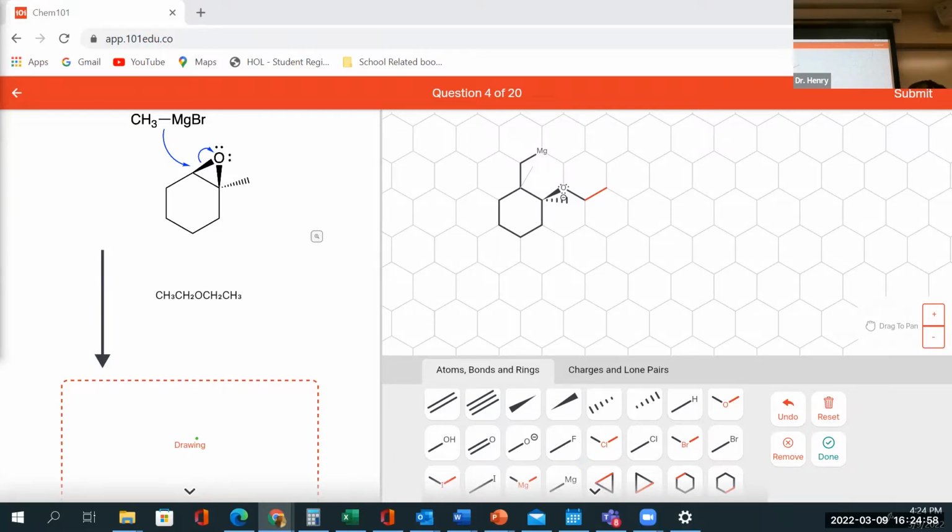Do you guys have your cards with you? Let's see. Okay. Look for epoxies.